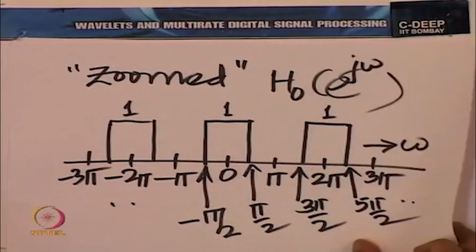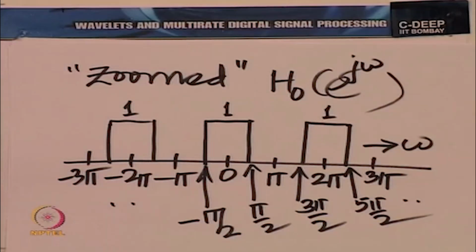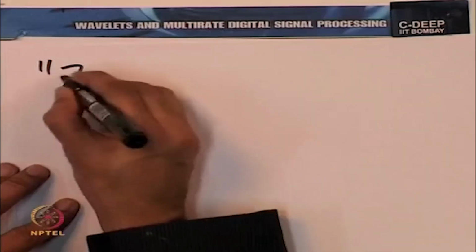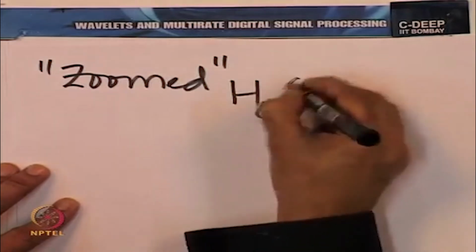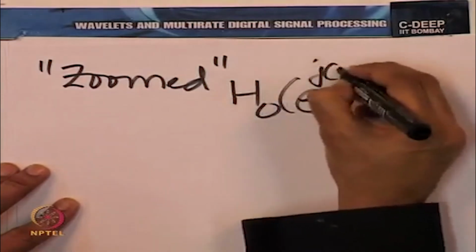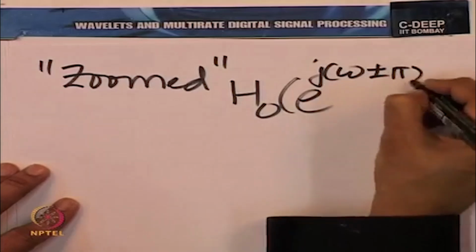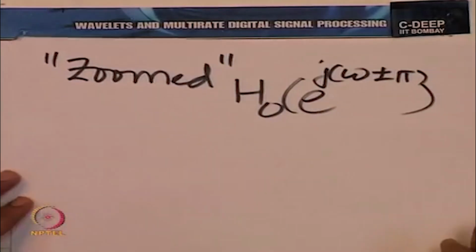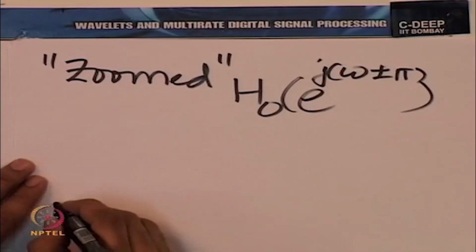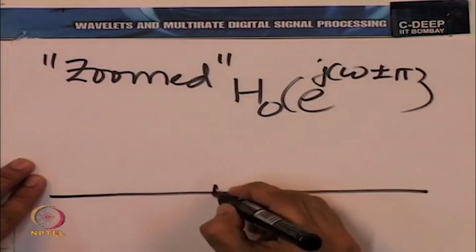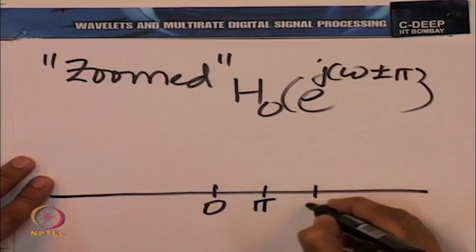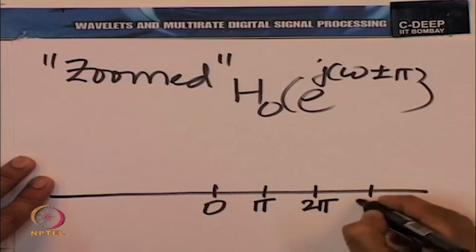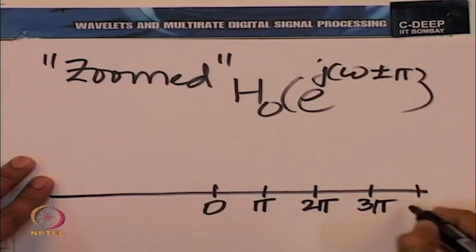So, the zoomed h 0 e raised to the power j omega plus minus pi would look like this. It would have an appearance like this, and so on here.